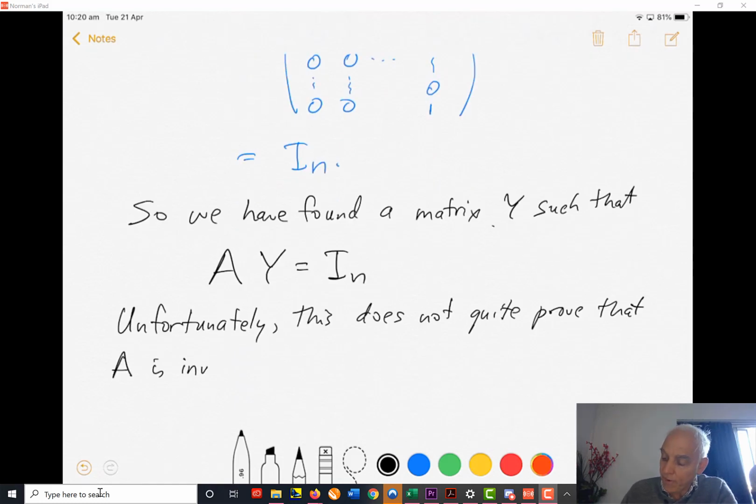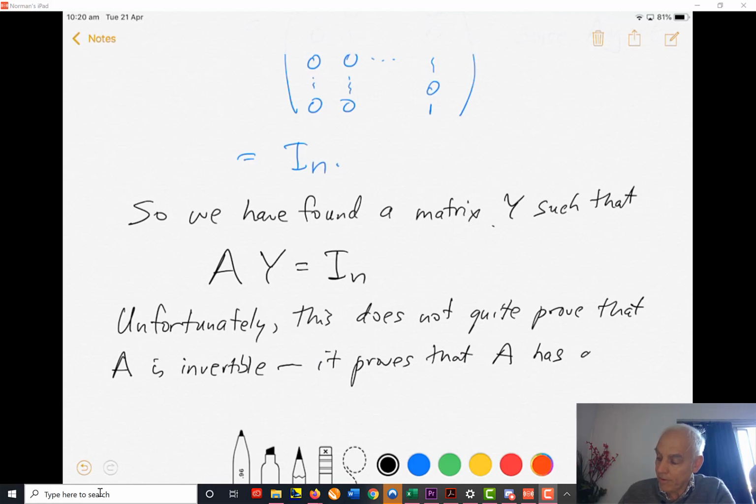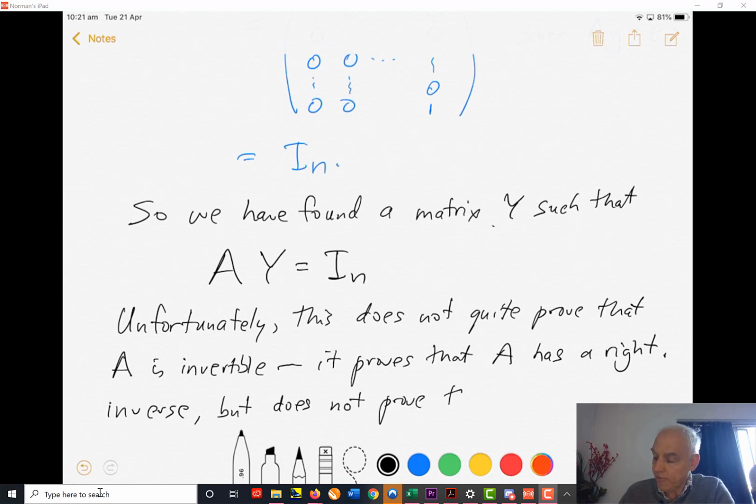It proves that A has a right inverse, but does not prove that it has a left inverse.